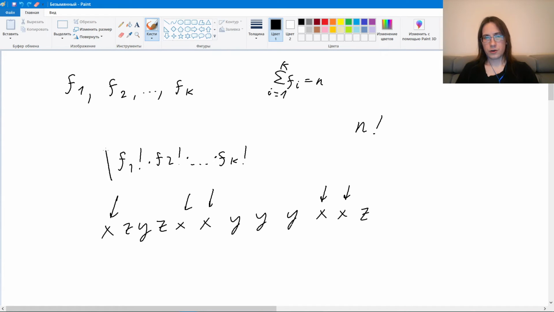You can choose any of these many ways in which you place the original values of x, any of these many ways in which you place the original values of y, and so on. So the overall number of ways to get such an image is this. So the overall number of different images is the overall number of permutations over the number of permutations that correspond to a single image.